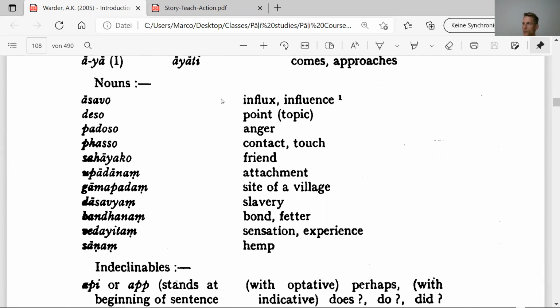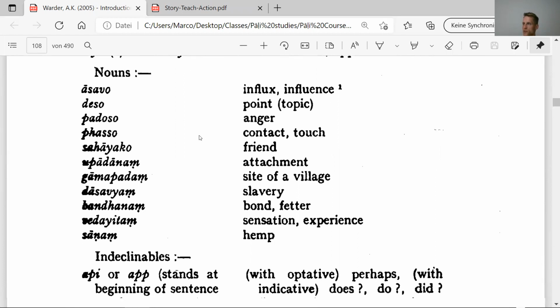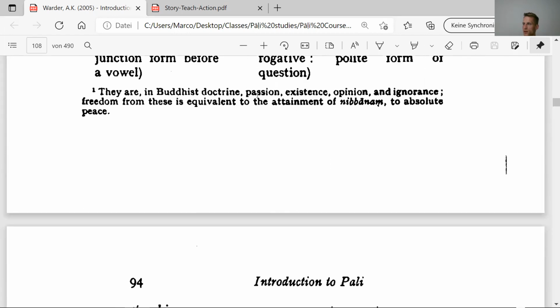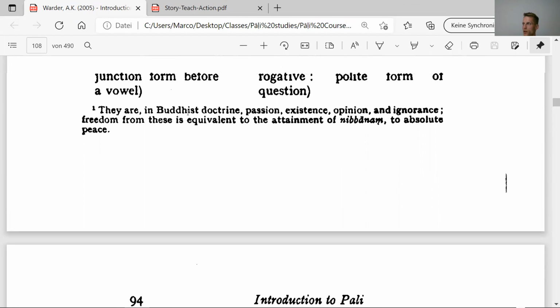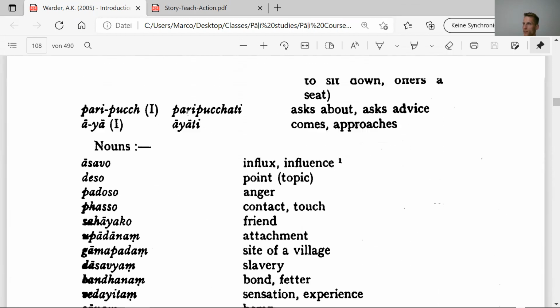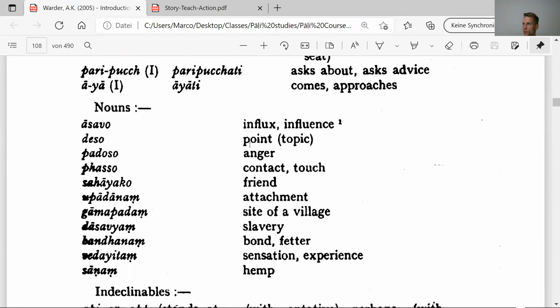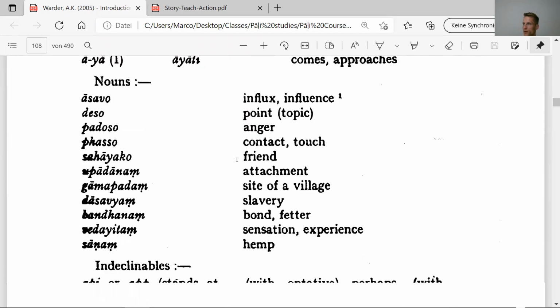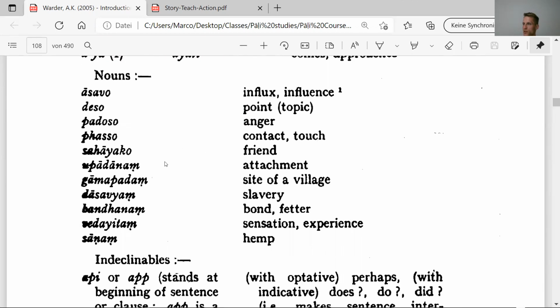Beg your pardon, asavo, influx or influences. These are, in Buddhist doctrine, passion, existence, opinion, and ignorance, and freedom from these is equivalent to the attainment of nibbana, the absolute peace. Doso, point or topic, but also anger. Phasso, contact or touch.